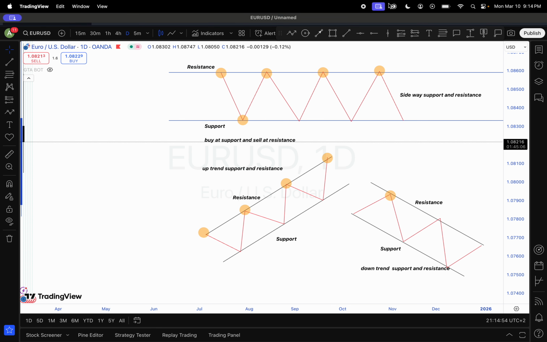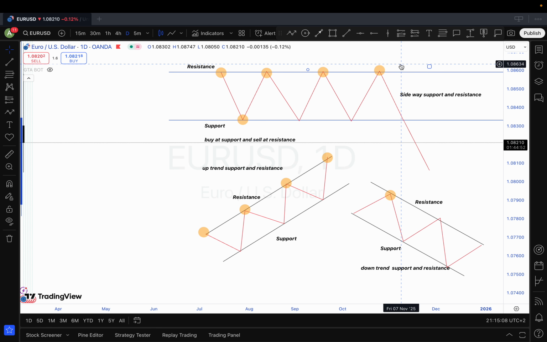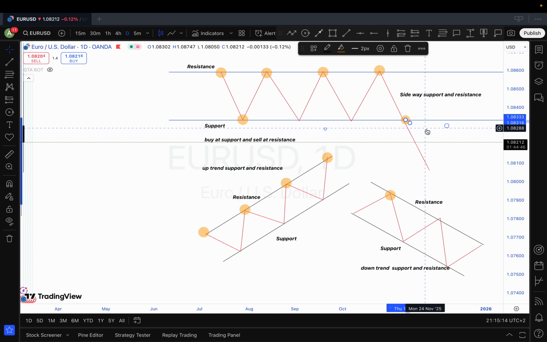So let's now go to the breakout strategy. The way the market used to be, there might be a situation whereby you might have to break to the downside. So let's say, for example, here you have a breakout. I'm just going to write it as a breakout.